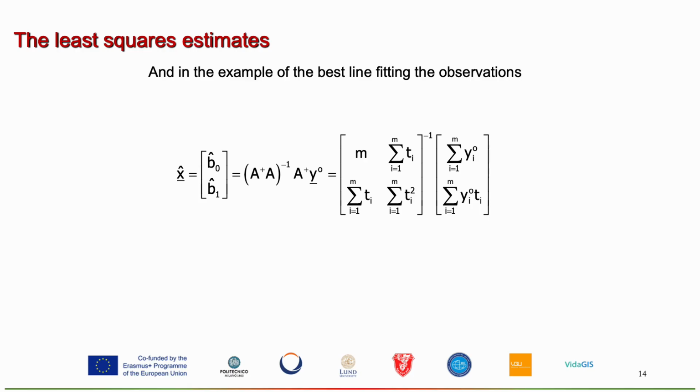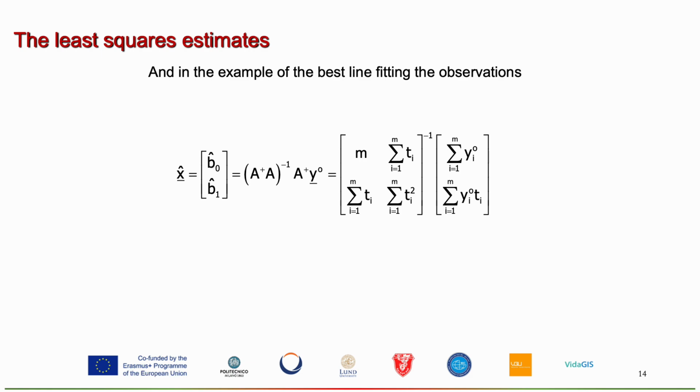The first element is m, the number of observations. The second element in the first row is the sum of all the measurement epochs from 1 to m. The same holds for the first element of the second row, while the second element of the second row is the sum of the squares of the measurement epochs.